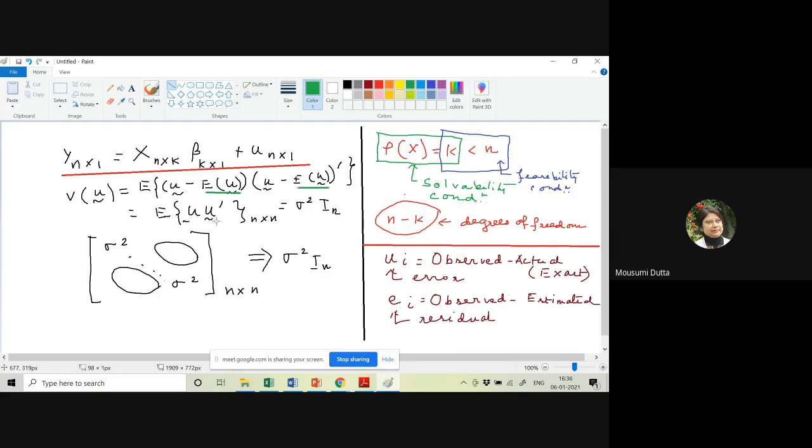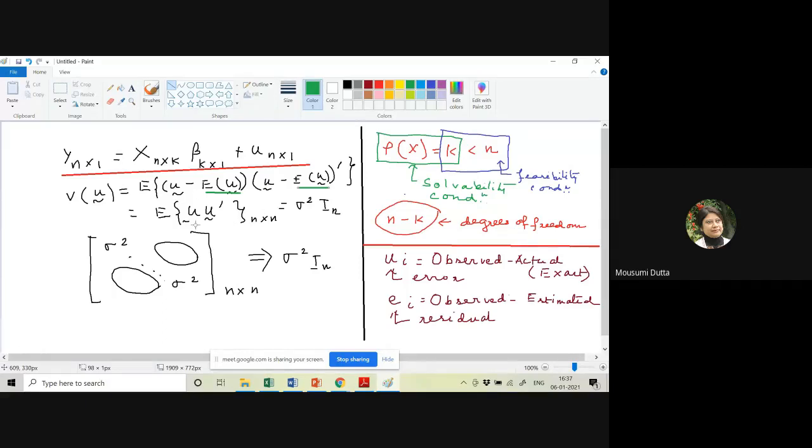Now think about your u. U is a column vector, and that is multiplied with a row vector. So please write down the order of u. U is of order n by 1, and we are multiplying it by a vector which is of order 1 by n, that is, u transpose.